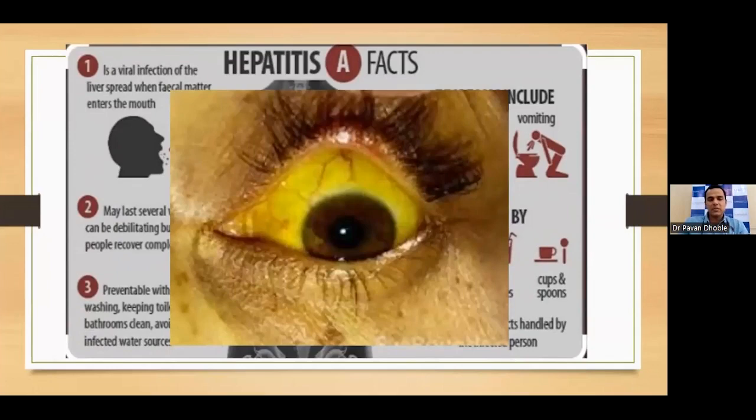These are transmitted by the fecal-oral route, through unhygienic routes like bad water and foods from outside not cooked very well, and these are generally self-limiting in 80 to 90% of the patients. Only 10 to 20% require admission.